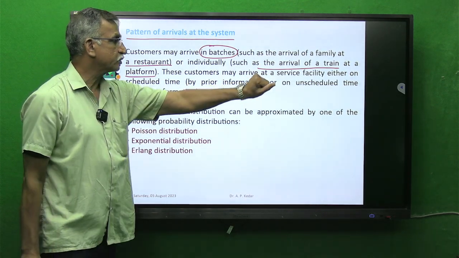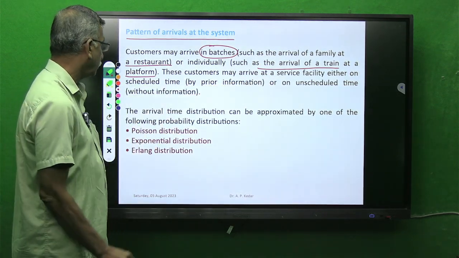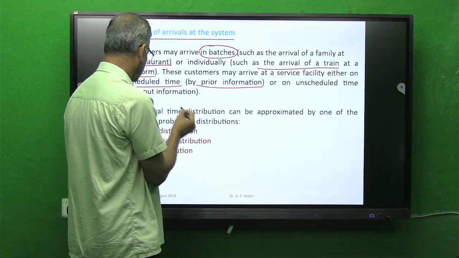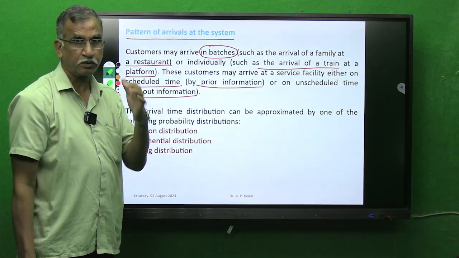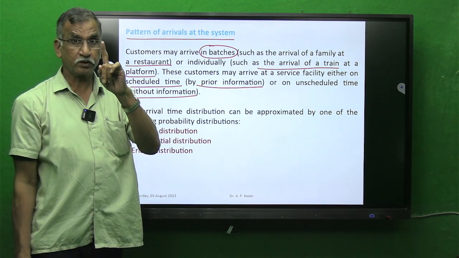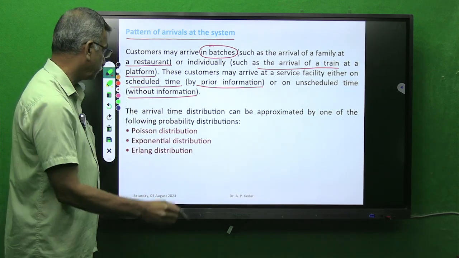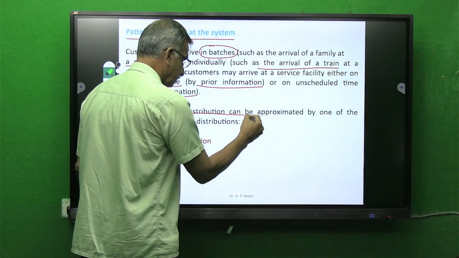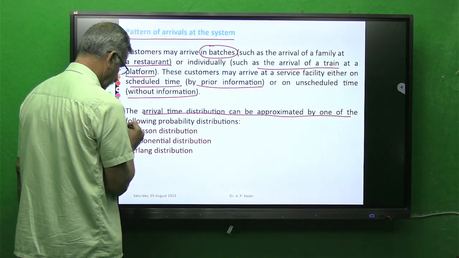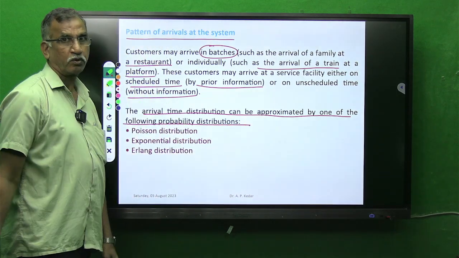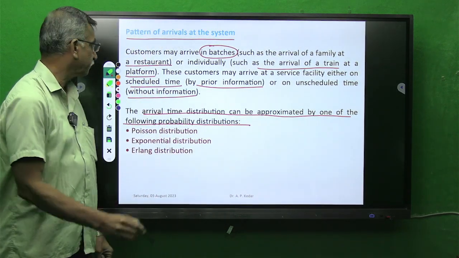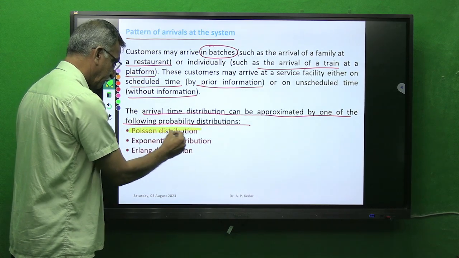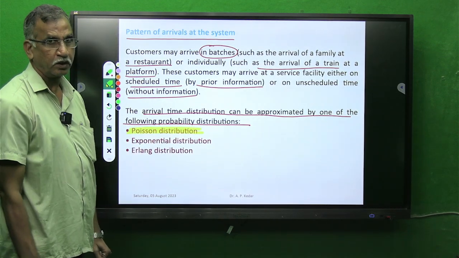Customers may arrive at a service facility either at scheduled time by prior information or at unscheduled time without information. Now one thing you have to keep in mind, that we come across the arrival of customers, and for calculation purposes usually 3 types of distributions are taken care of in mathematical analysis.